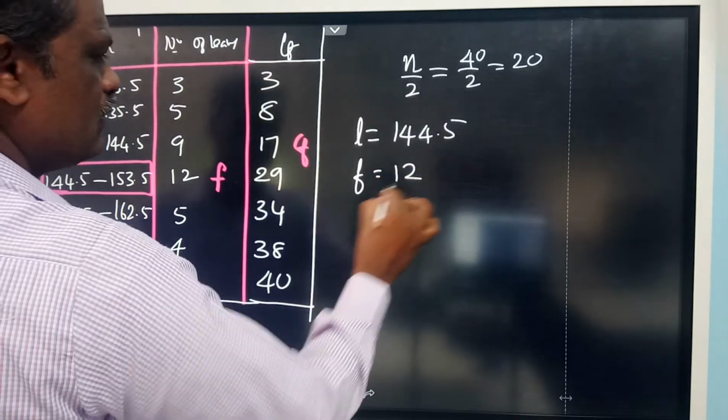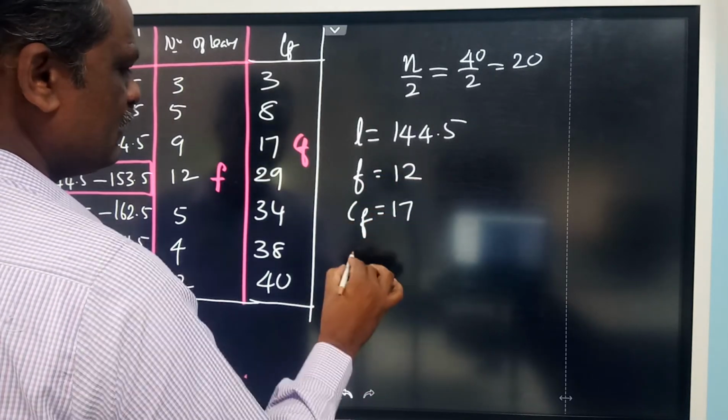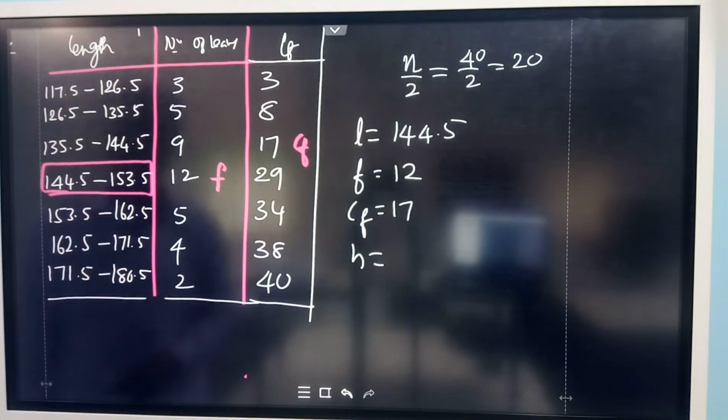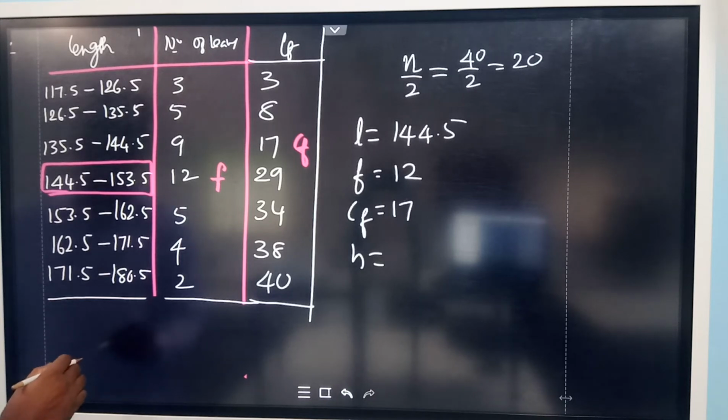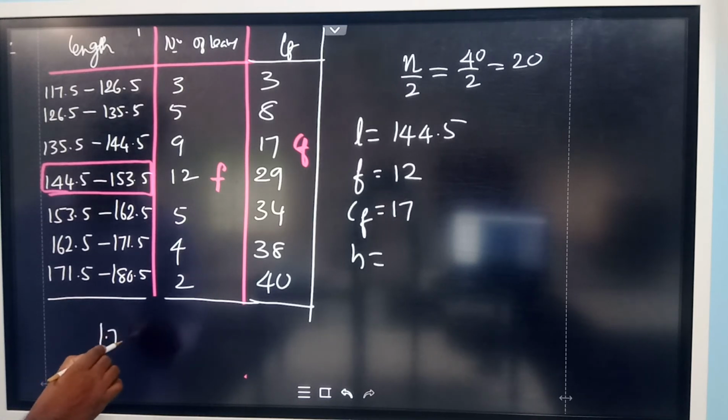So it is 12, CF is equal to 17. Size here, find out the difference between any two lower limits. So 126 minus 117, I think 9. 117, 126. So it is 9.